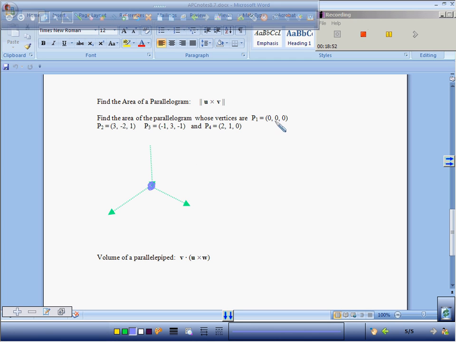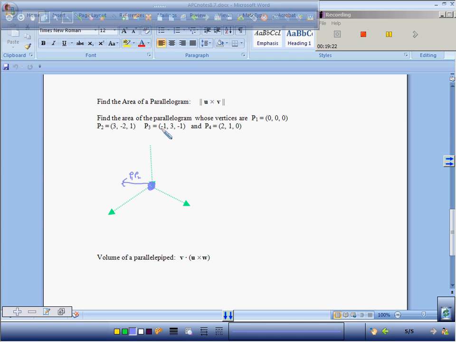where these vectors end up. So if I have the vector P1 to P2, so if I go out 3, back 2, up 1, let's say this vector is P1, P2. See that?